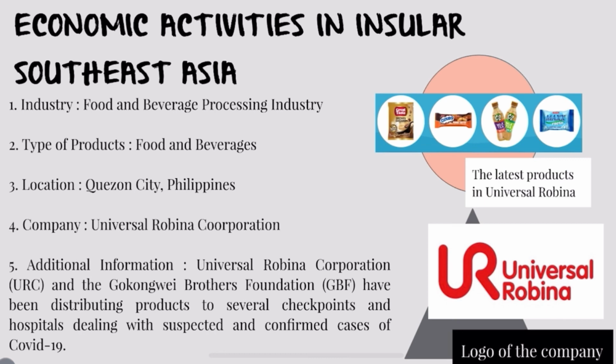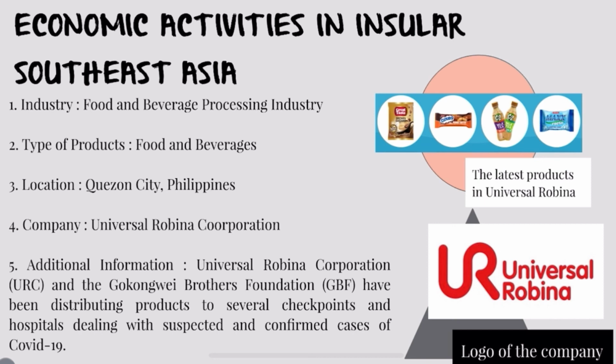With a strong market position, URC products are also exported to other markets like the US, Europe, Japan, Korea, and the Middle East, and also in West Africa like Ghana and Nigeria through the URC Thailand office.